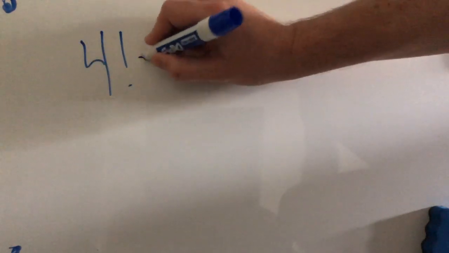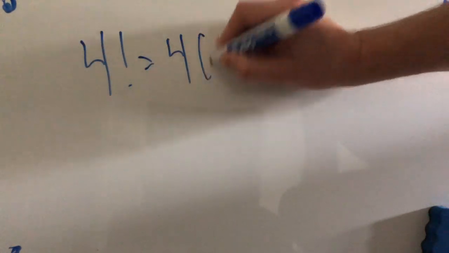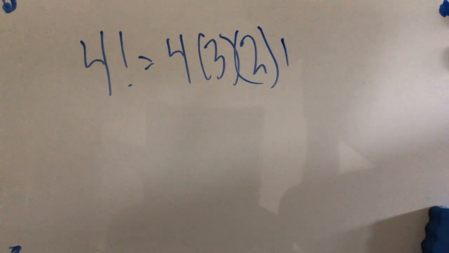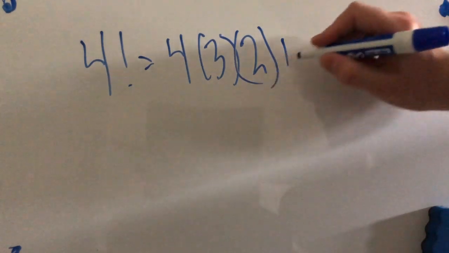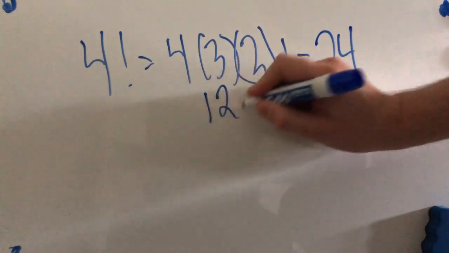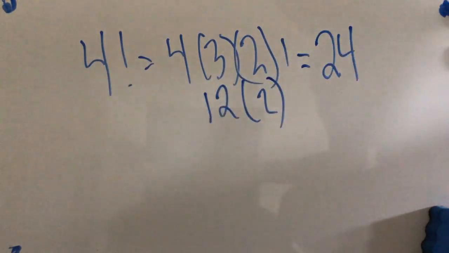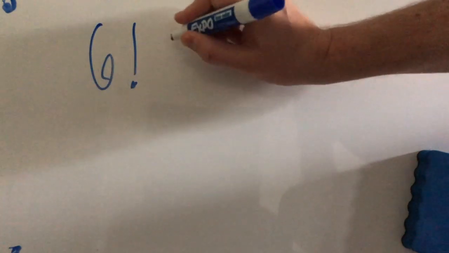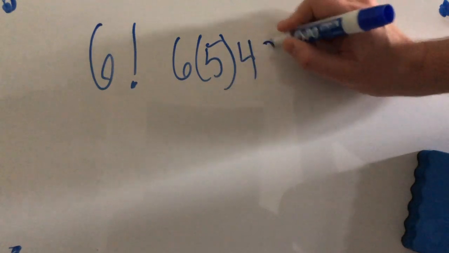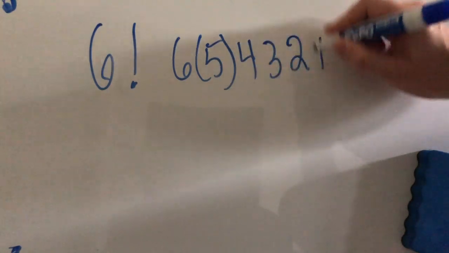The second one, factorial of 4, is 4 times 3 times 2 times 1, and that's going to give me 24. This is 12 times 2 equals 24. Practice 3, factorial of 6 is 6 times 5 times 4 times 3 times 2 times 1.